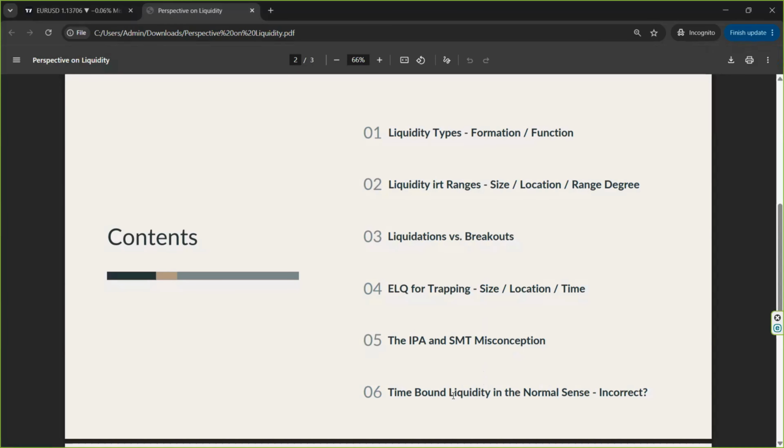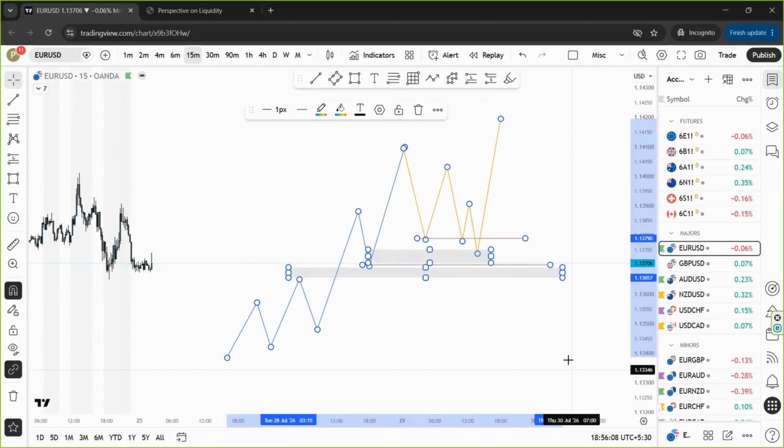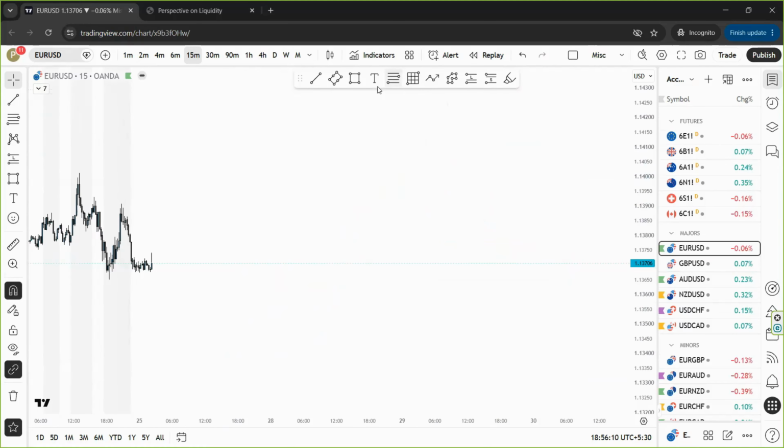And then we are going to talk about time-bound liquidity in the normal sense, which I think is pretty incorrect. Here, what we are going to talk about is what people consider as time-bound liquidity, which is previous days', weeks', or months' highs and lows. So assume something like this.